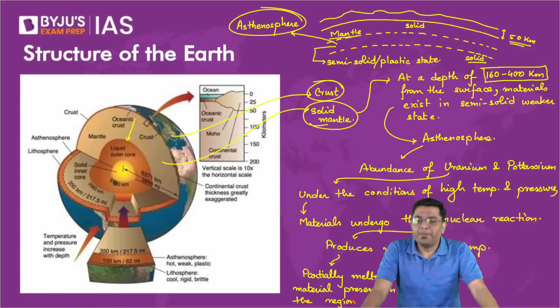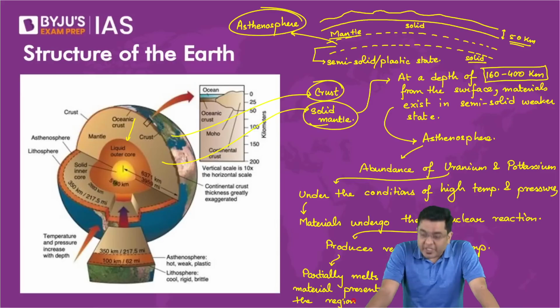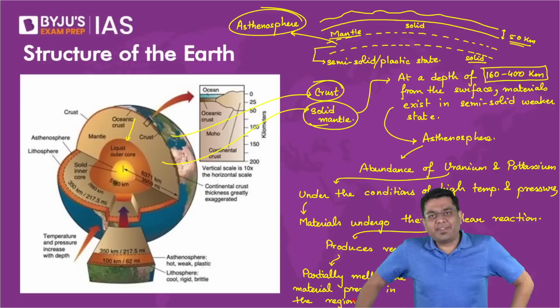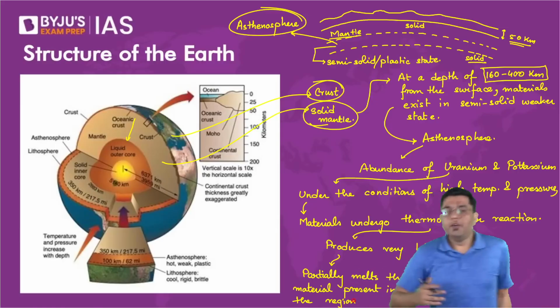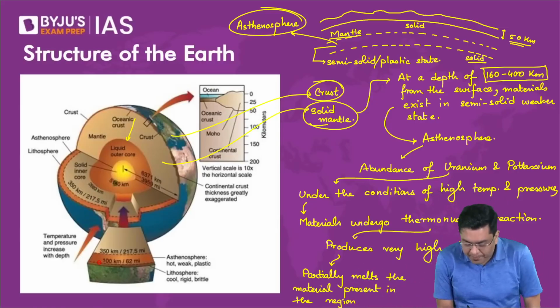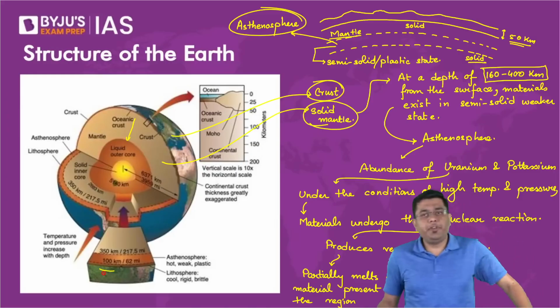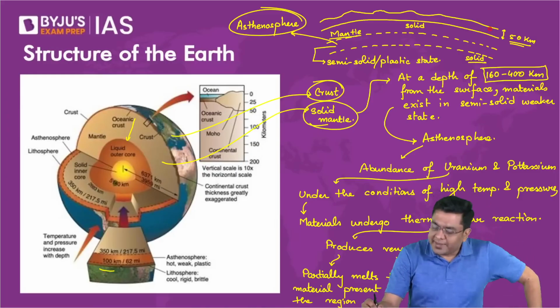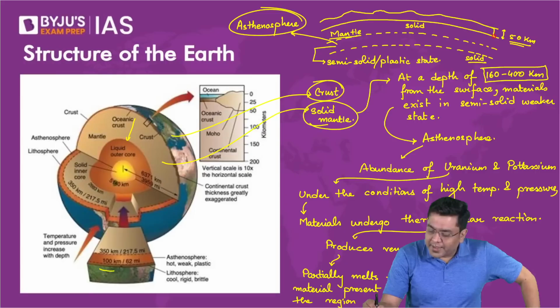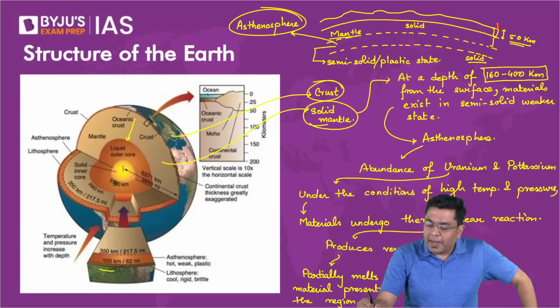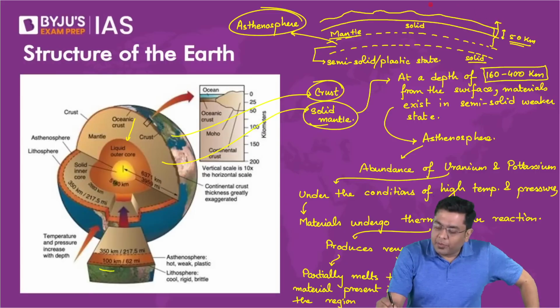So that is why the asthenosphere, which is present in the upper portion of the mantle, is in a semi-solid or semi-liquid plasticky state. And that is why it is referred to as asthenosphere, because asthenosphere refers to a kind of weaker layer. So observe here, at a depth, initially you have the lithosphere. Now, what is lithosphere? Lithosphere is considered to be the crust and the solid portion of the upper mantle.